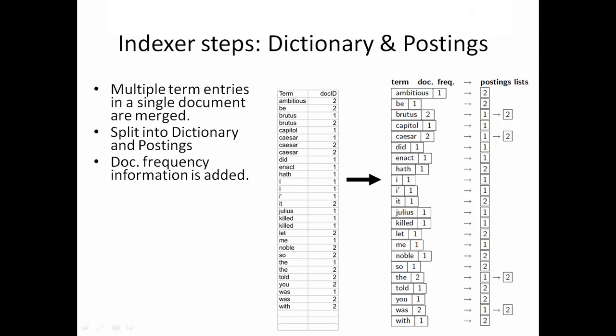Now the next step: multiple term entries in a single document are merged. How will we merge them? If you see here, ambitious is one, B is one, but Brutus is two.